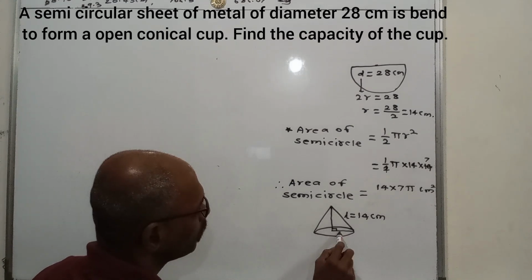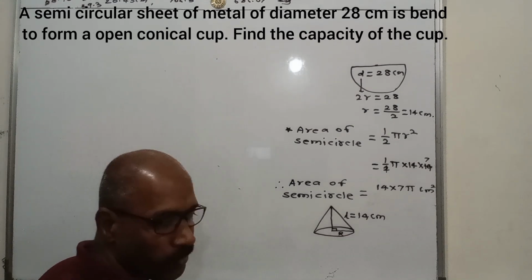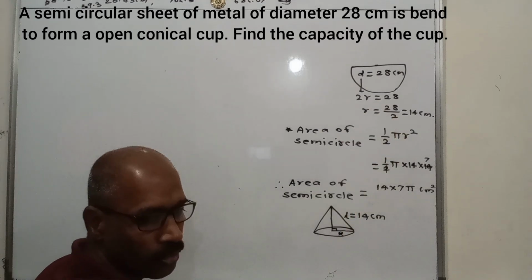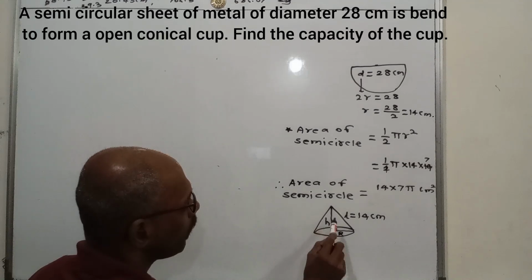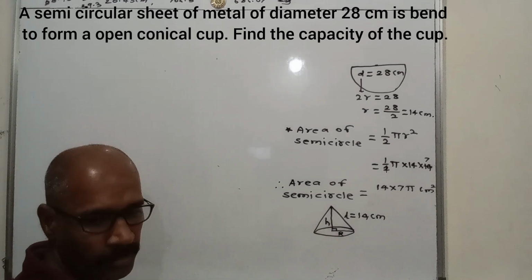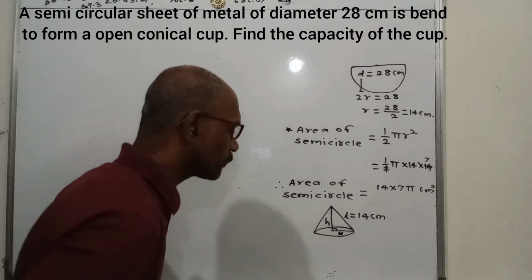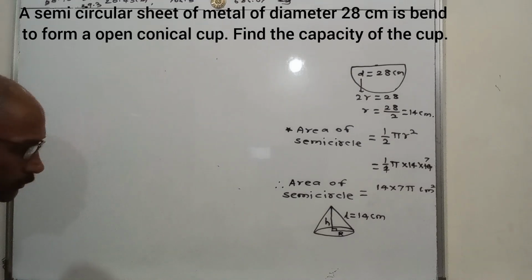Here is the right angle. We write here capital R for the radius, because small r is already used, and this height h.